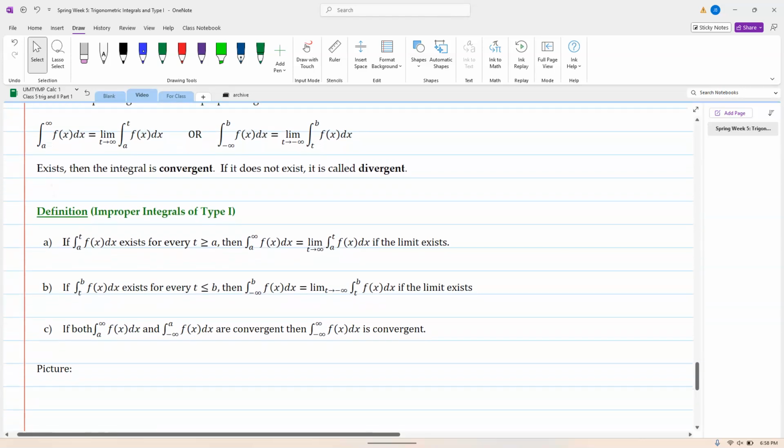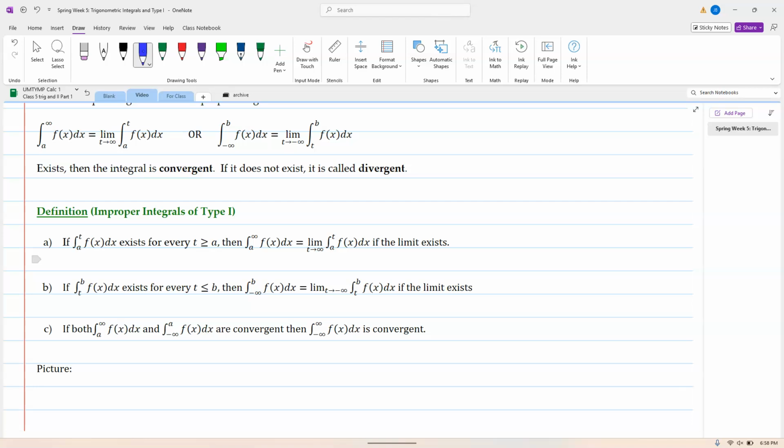Now, when we think about improper integrals of type 1, we've actually done it in kind of one direction. Improper integrals of type 1 start at a finite number and then go from the finite number towards infinity without any breaks in between, any discontinuities, etc. And so A is saying the positive case, B is saying the negative case, and then C is kind of looking at both of them.